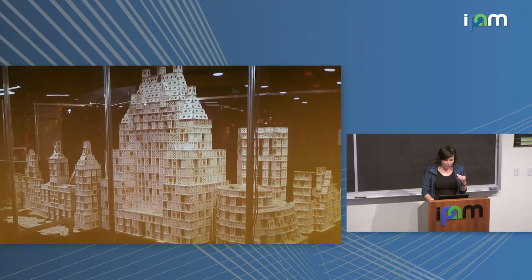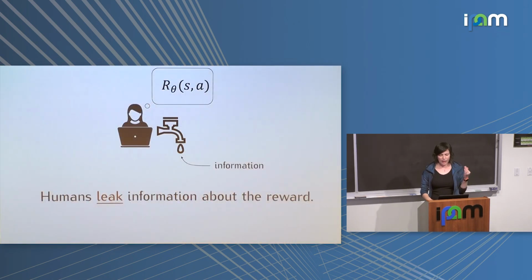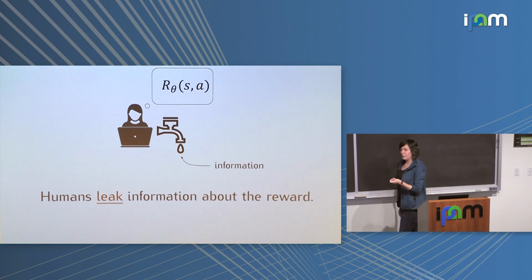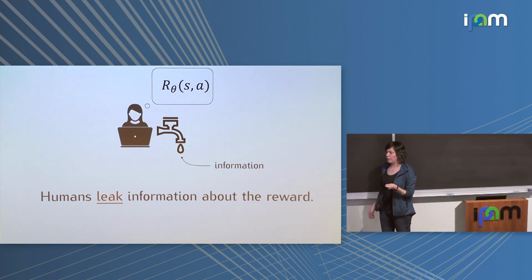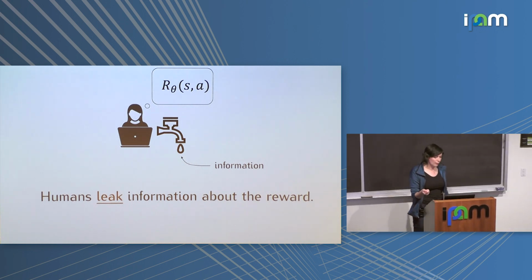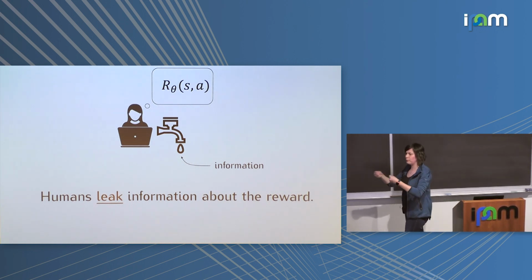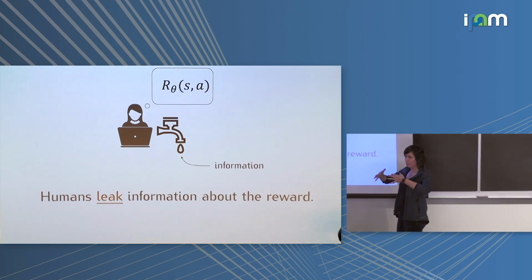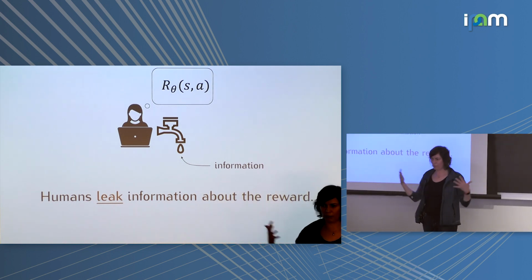So what I've been excited about lately is that while the specified reward doesn't carry as much information as we typically would like it to, it turns out that people just can't help themselves but leak information about what they want.